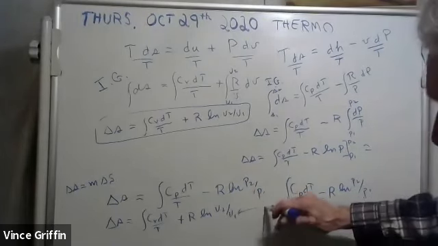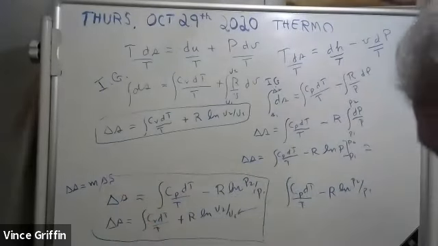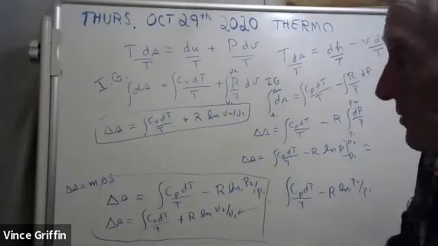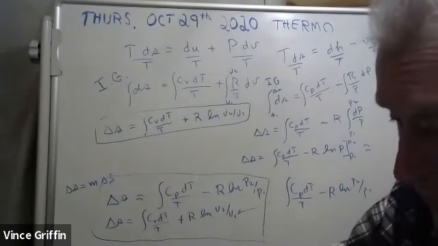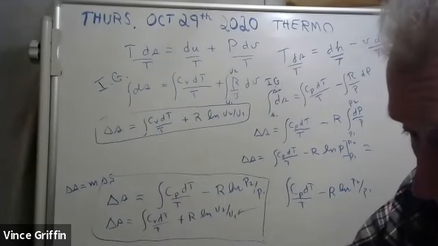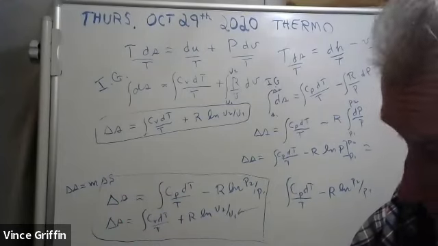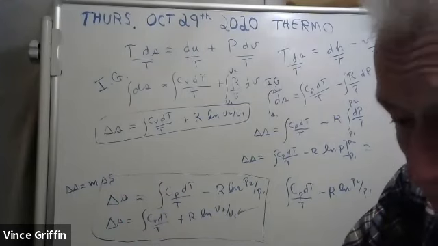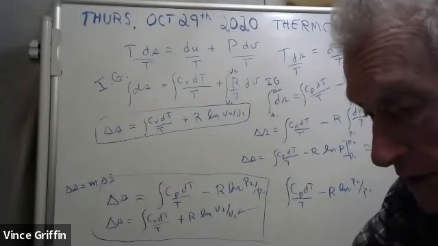Now we have equations to find the change of entropy. Now, if you have something like water or ammonia, R134A or any of the refrigerants, use the tables. What if you have an ideal gas?